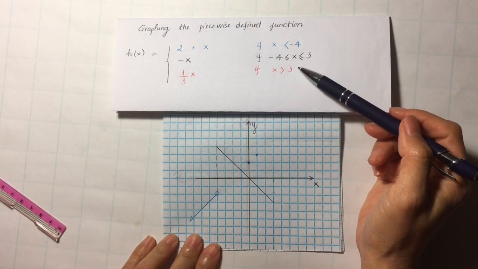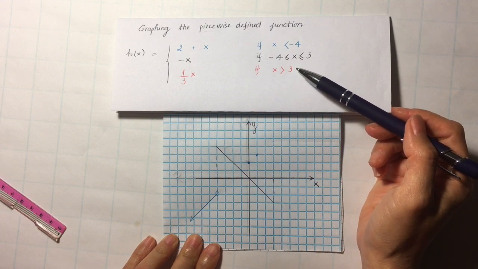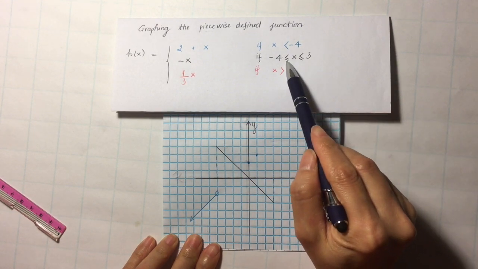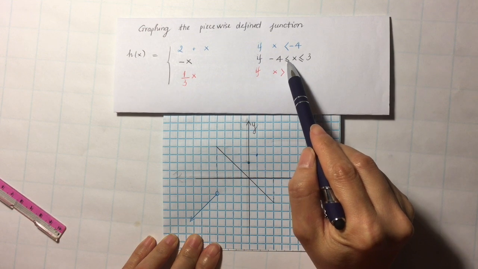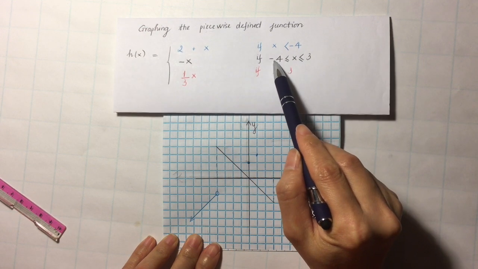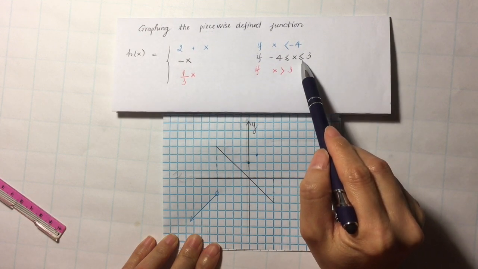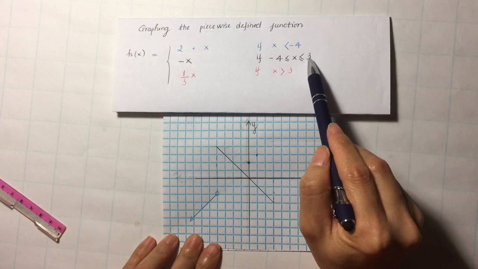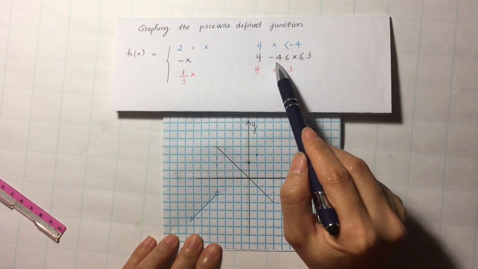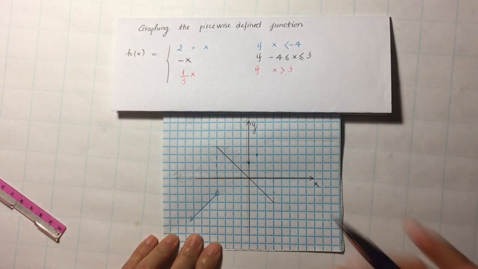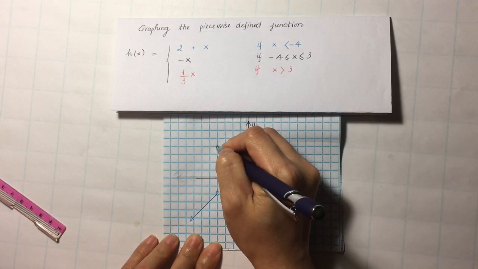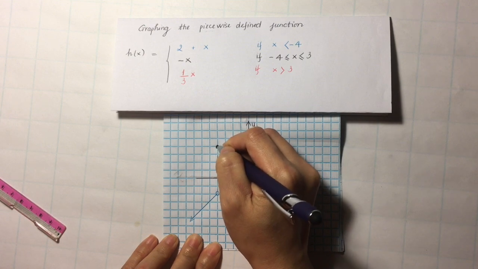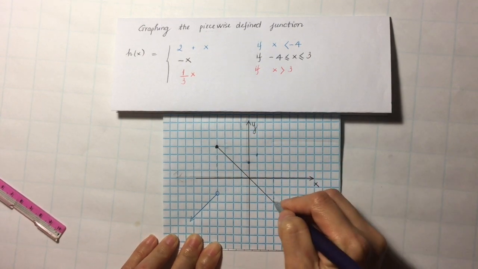This is a closed interval, which means we have to take the point when x equals -4, and the point when x equals 3, because it has the equal to right here. So we take these 2 end points.